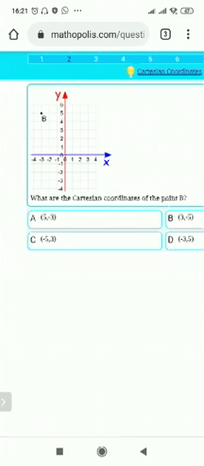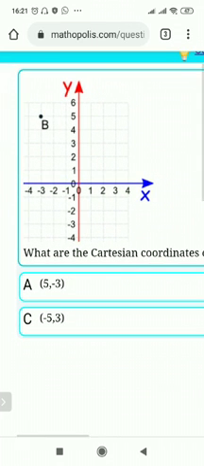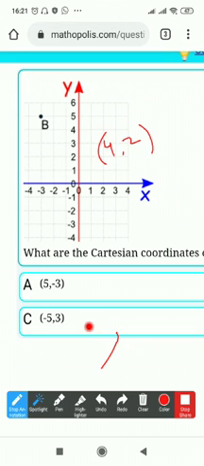In this question we have to find the coordinates of point B. Let's find out over here for point B. First we start from 0. Since it is on the left hand side, we first see the negative values starting from 0.